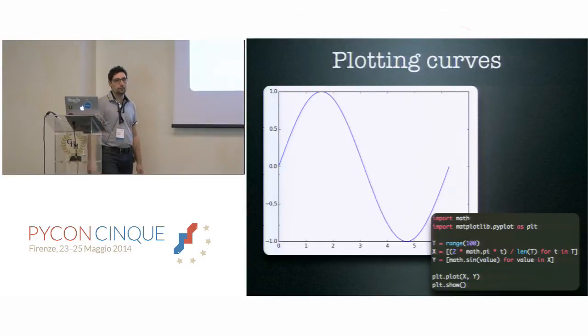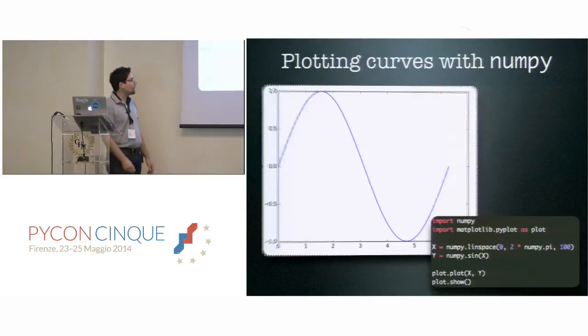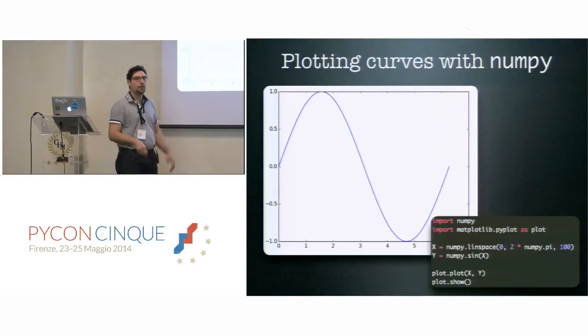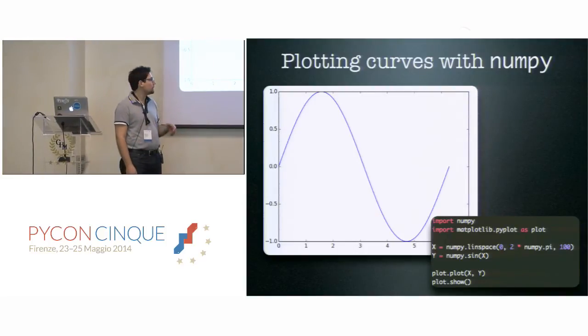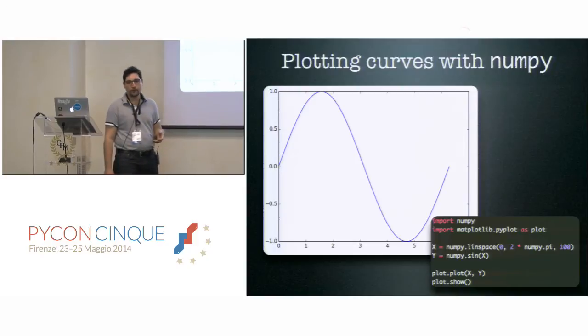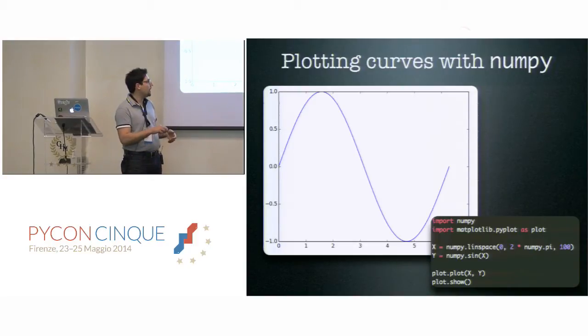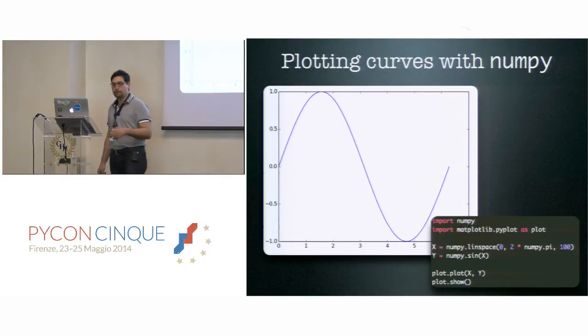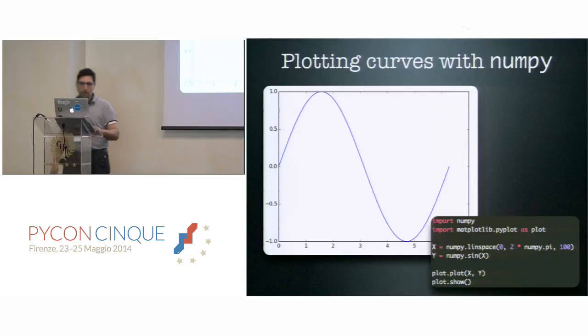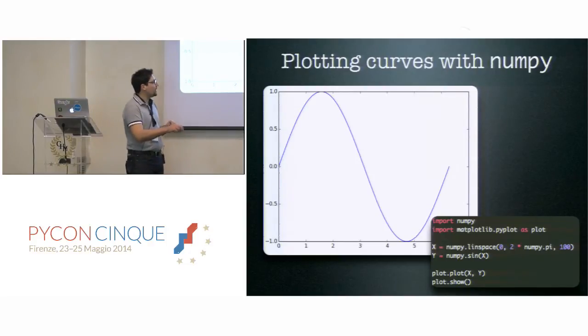No NumPy required. Anyway, if you want to use NumPy, in my opinion, this is even easier, because NumPy is in charge of creating the x values with linspace, which is a single function call.